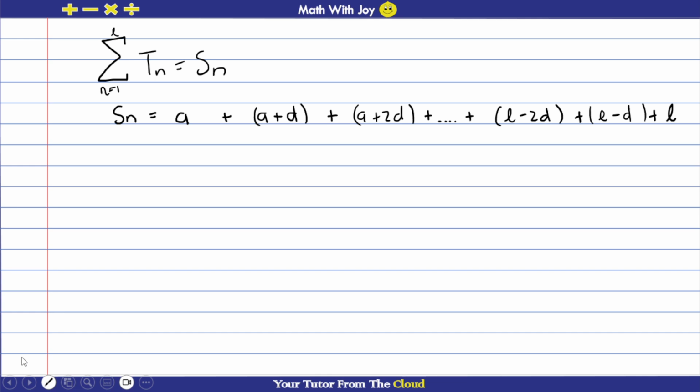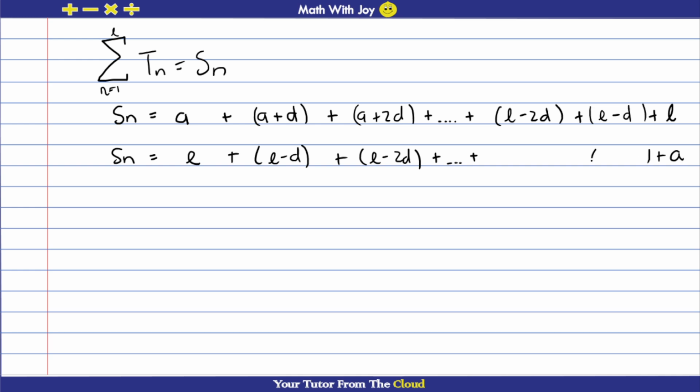And we want to write down the second equation, whereby we start in the opposite direction. We start with the last term, and then we have the last term minus the constant difference, plus the last term minus 2 times the constant difference, plus all the way till we have at the very end the first term.